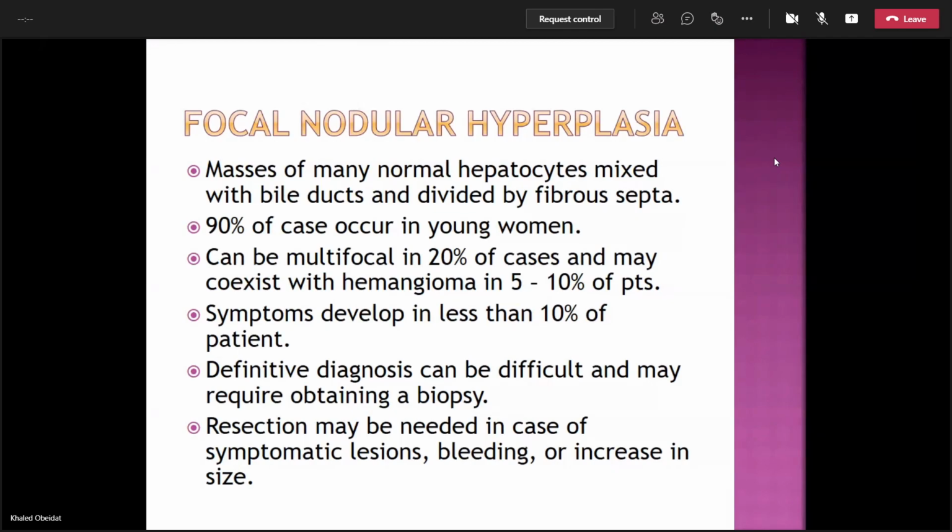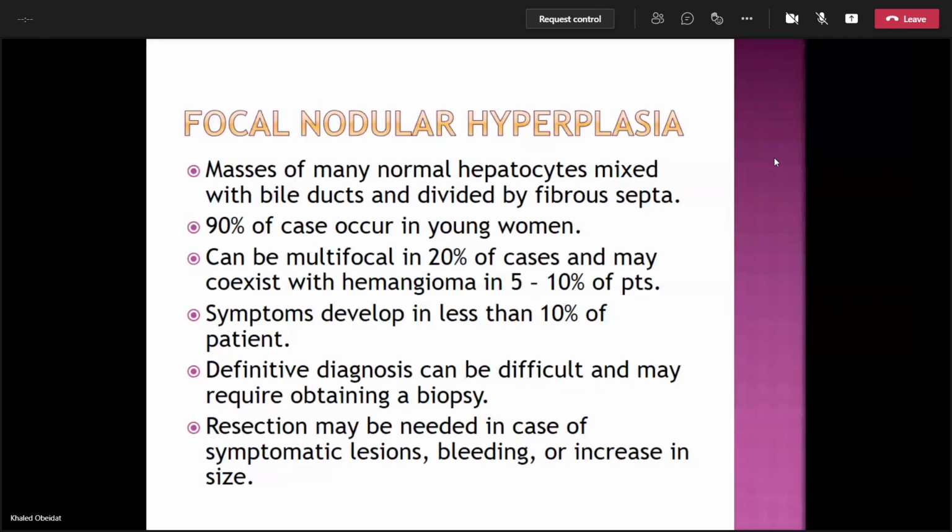Also, this is more common in women, usually of young age. They are more likely to be symptomatic than hemangioma. All of these lesions can be multifocal, including hemangioma and adenoma, and they may coexist with hemangioma. Hemangioma is very common.